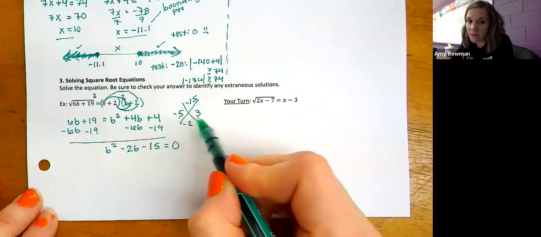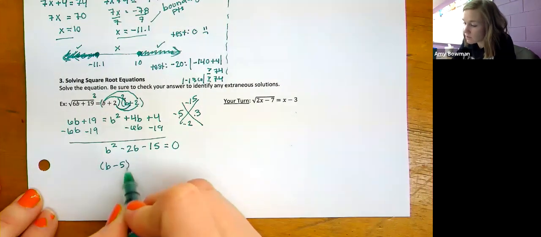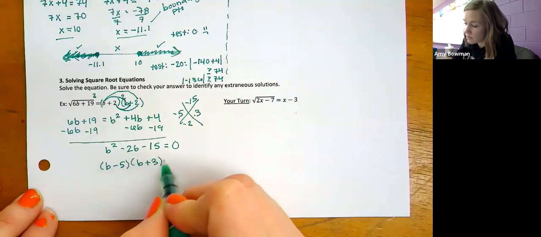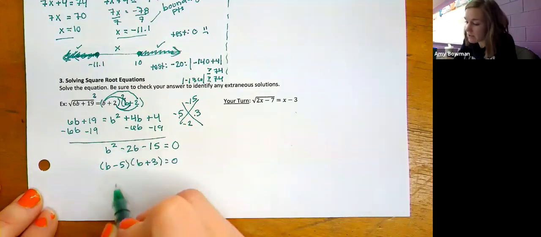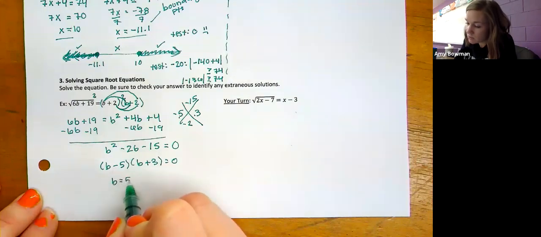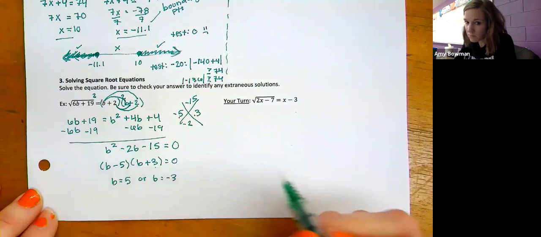So the minus 5 and the plus 3 are going to be my factors. (b minus 5)(b plus 3) equals 0. Now I set each of these equal to 0. If b minus 5 equals 0, then b equals 5, or b equals negative 3.